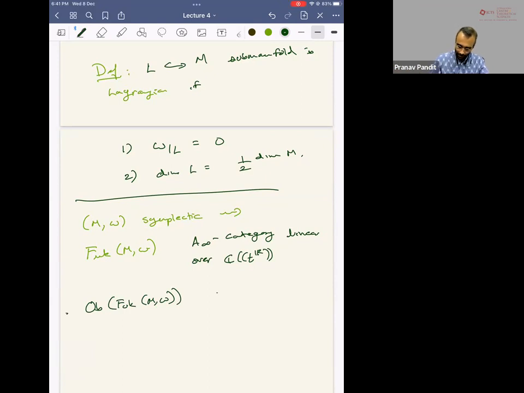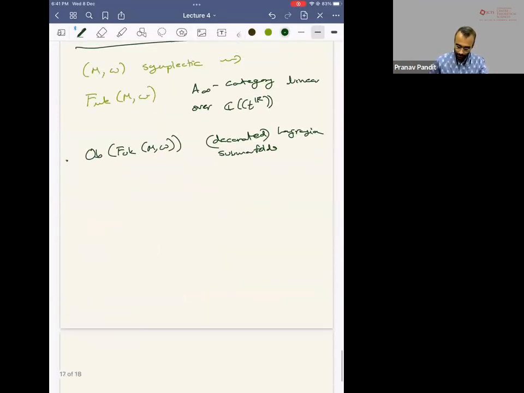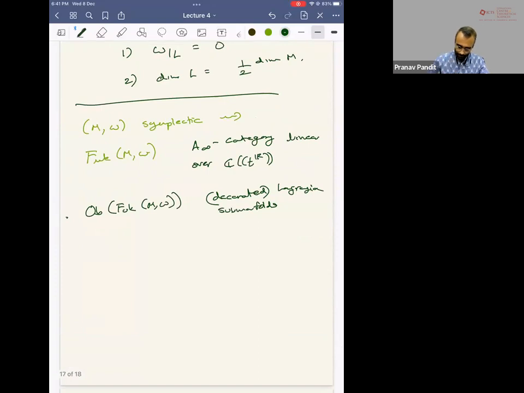The objects are decorated Lagrangian submanifolds. I won't tell you what the decoration is, so you can think of them as just Lagrangian submanifolds. And I have to tell you what the Hom maps from L1 to L2 are, for two Lagrangians.